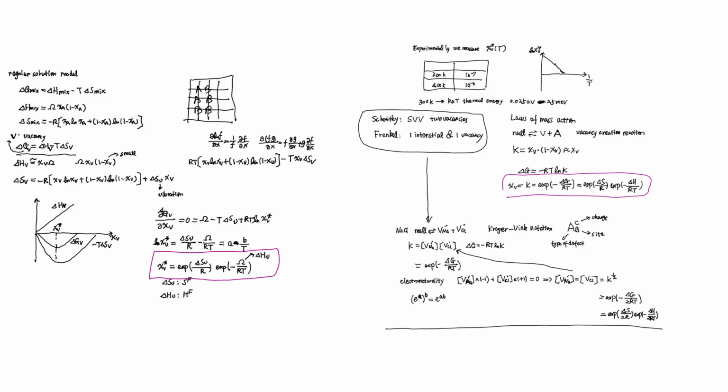What I mean by that is 300 Kelvin. How much energy is 300 Kelvin? Why am I talking about temperature? Because kT is what we call the thermal energy, thermal agitation.